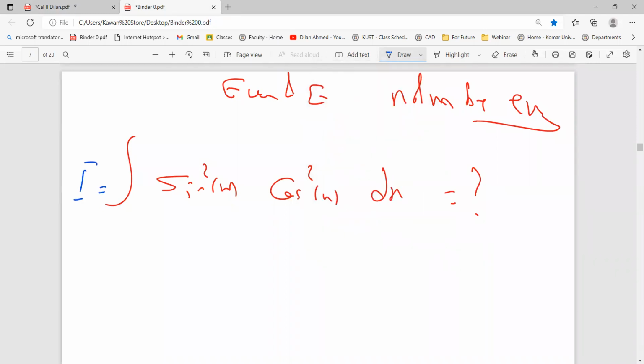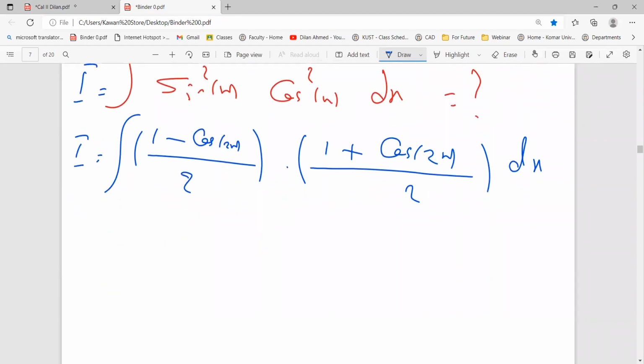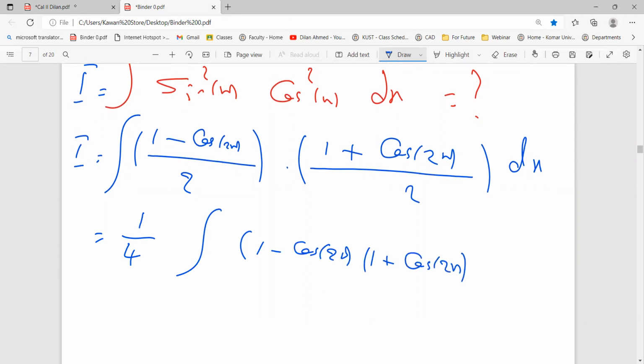I say I equal to, multiply to that one, dx. 1 minus cosine 2x over 2, 1 plus cosine 2x over 2. 1 over 2 multiply 1 over 2. 1 over 4. Well done. And remains 1 minus cosine 2x multiply 1 plus cosine 2x dx.